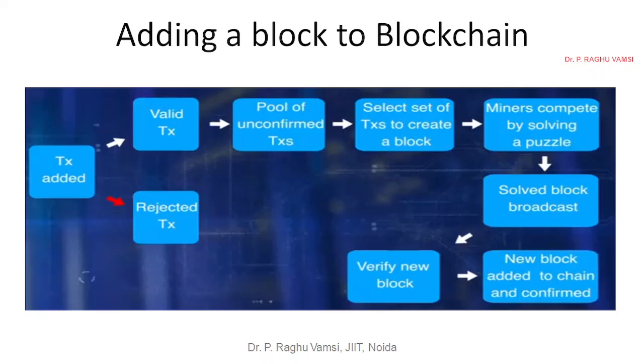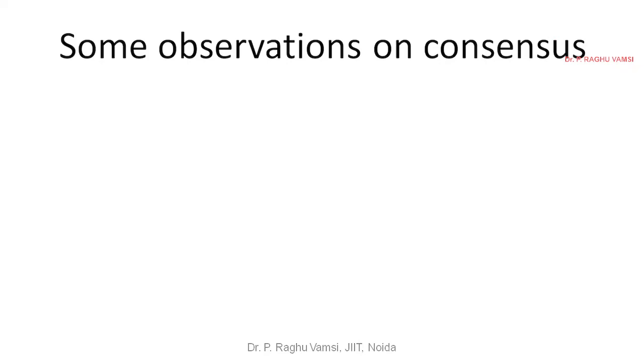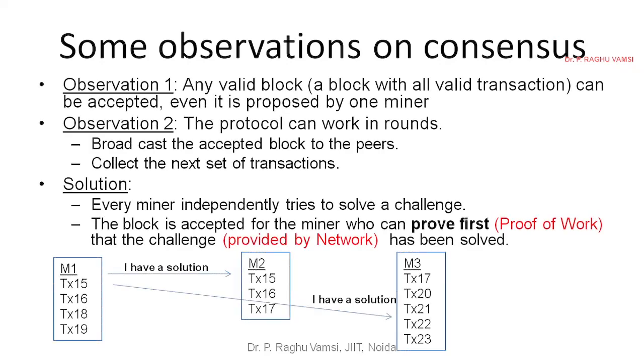Whenever the other miners listen to this solution and confirm that it is a valid solution, then the transactions in that confirmed block will be accepted, and the remaining will be joined to the unconfirmed pool of transactions. In this way, you cannot predict whether your transaction will be included in the immediate next block or not.